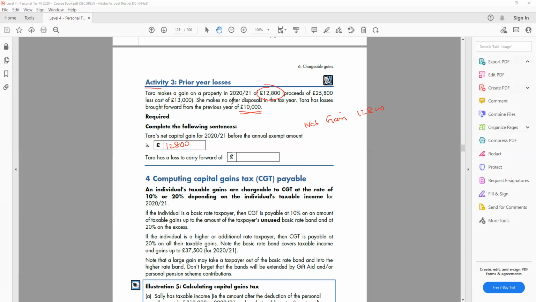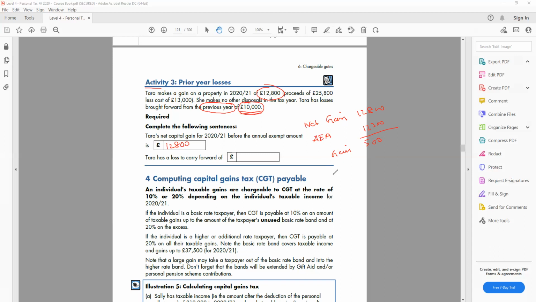If the loss comes from the previous year, we have an option. We will take it out after the annual exemption amount. So if my annual exemption amount is 12,300, I have 500 gain left. And I already have a loss from the last year, 10,000.